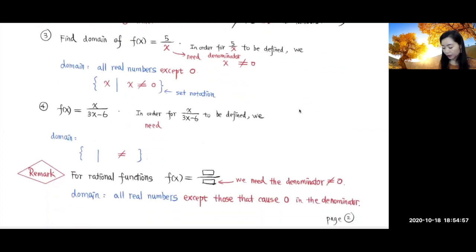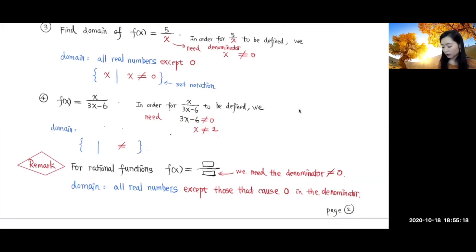Number 4, f of x equal to x over 3x minus 6. Now, in order for x over 3x minus 6 to be defined, we need the denominator, in this case 3x minus 6, does not equal 0, because 0 under will be undefined. Now, you can solve this just like solving an equation. When you solve for x here, then you will have 3x does not equal 6.